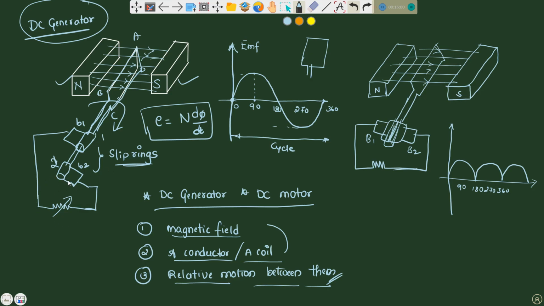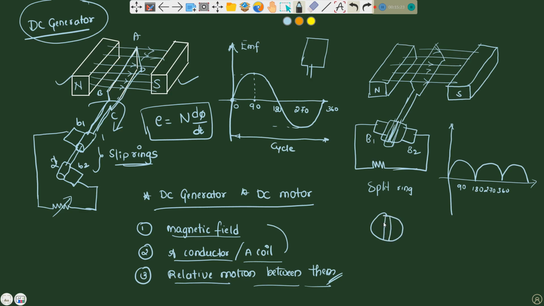instead of these slip rings we are going to add split rings. These are called split rings. Split rings are made up of a conducting cylinder which is cut into two halves, like this.